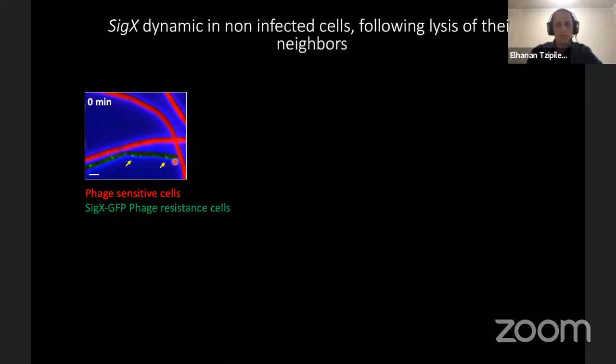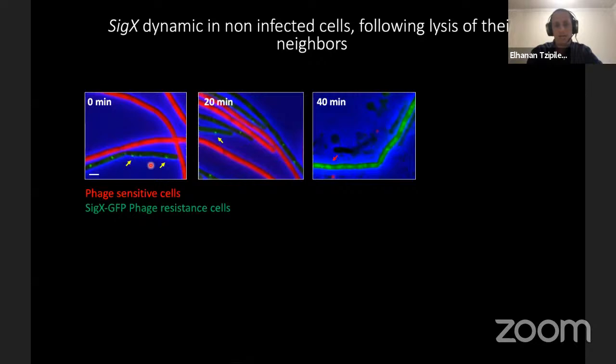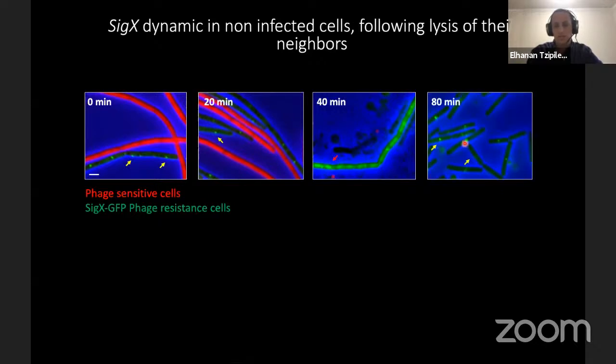However, they can sense the lysis of their neighboring sensitive cells. And indeed, after the lysis of the sensitive cells, we found an increase in the expression of sigma X and also a major change in localization. The localization and level went back to normal after complete lysis of the whole community of sensitive cells.